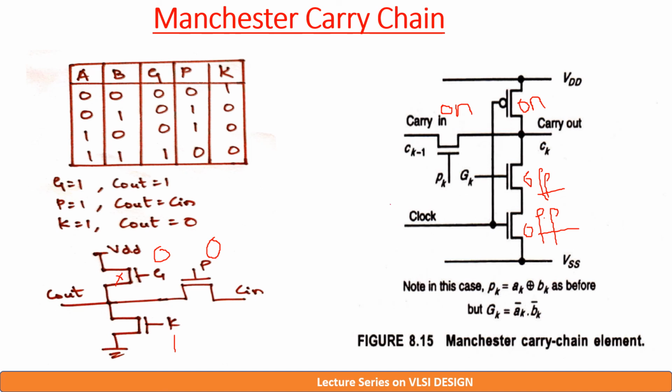If clock is 0, propagate is 0, and generate is 1. Clock 0, PMOS is on, NMOS is off, generate is 1, so this NMOS will be in on state.